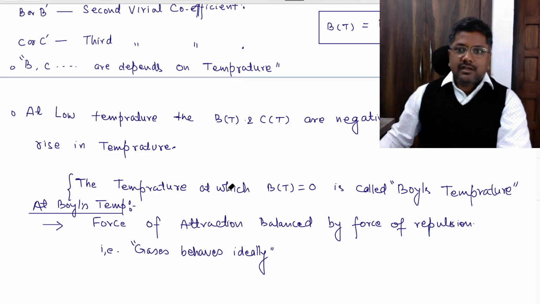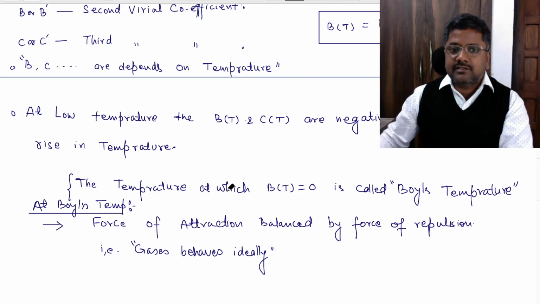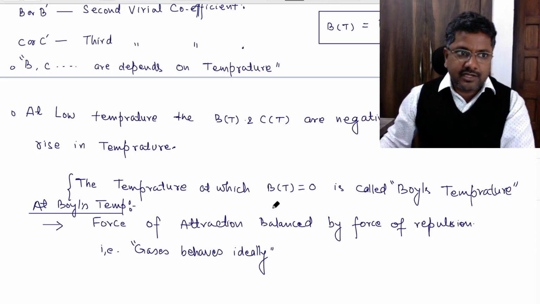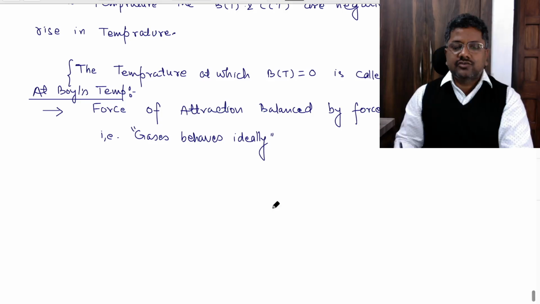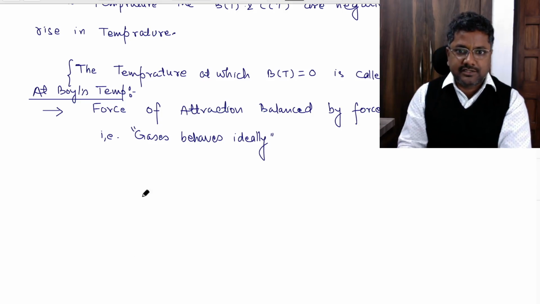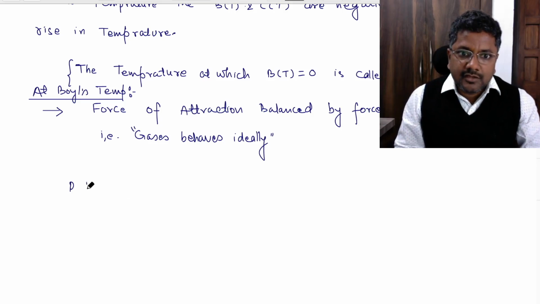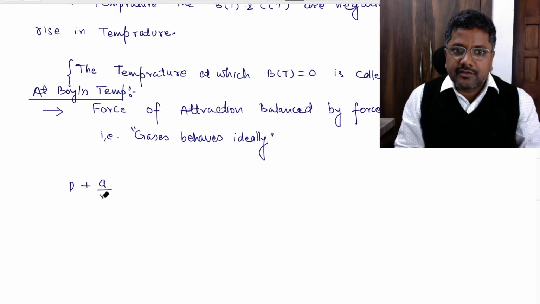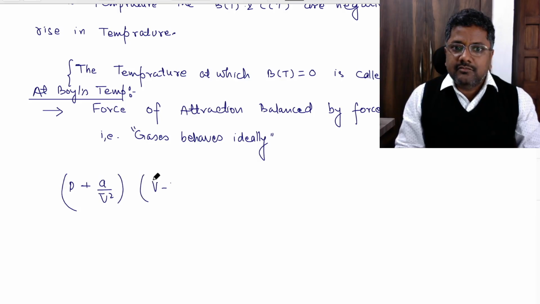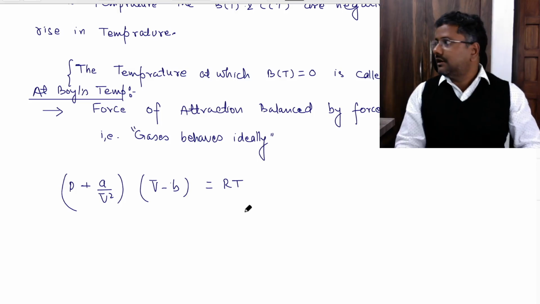Right? Now we can find the formula for Boyle's temperature in terms of the van der Waals equation. The van der Waals equation can also be expressed in this virial form. (P + a/V̄²)(V̄ − b) = RT, right?